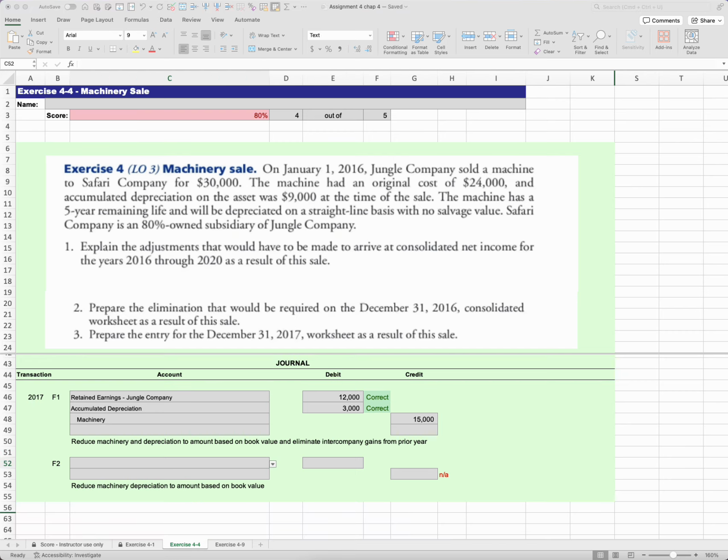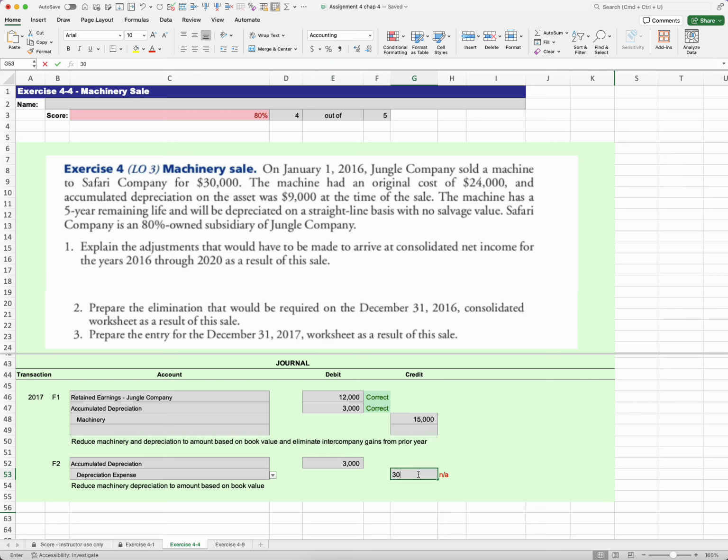The F2 entry in 2017 then pertains to the current year depreciation excess that needs to be removed. And of course, again, we're going to want to reduce accumulated depreciation and credit depreciation expense to undo the current year stuff. So because F2 pertains to the current year depreciation in excess that was taken. And so again, the amount we already know is 3,000.